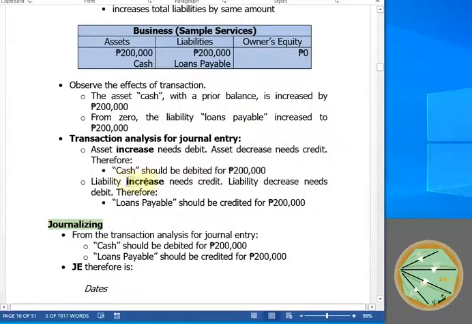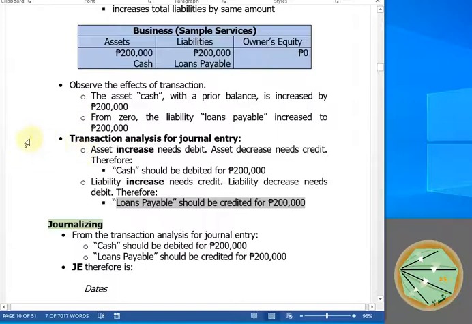And the liability in this case also increased. Again, the liability we are talking about is the loans payable. And since the liability increased, remember the rules on normal balance. When we increase a liability, we should credit the liability. That is why loans payable should be credited for 200,000.